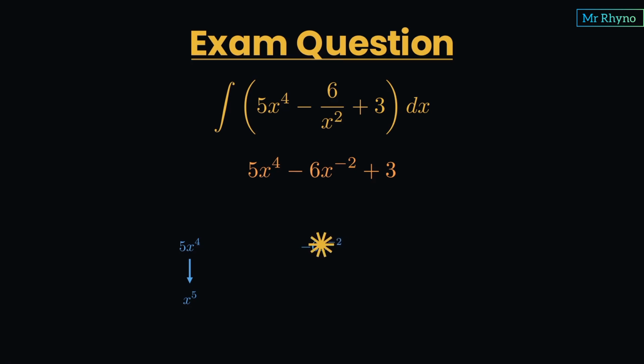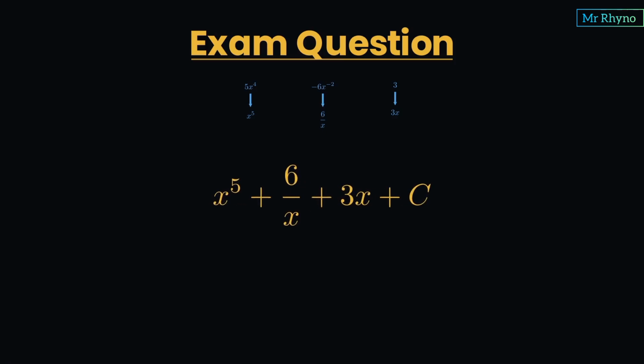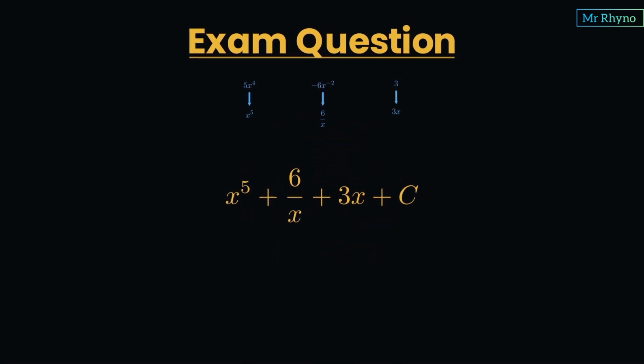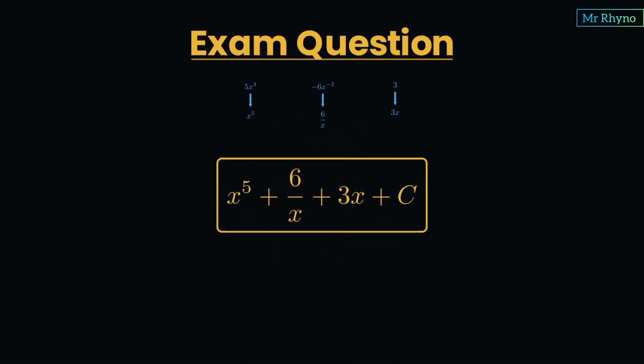For the second, minus 6x to the minus 2, increase the power, minus 2 plus 1 is minus 1, then divide by minus 1: 6 over x. And the integral of 3 dx is 3x. Therefore, x to the 5th plus 6 over x plus 3x plus c.